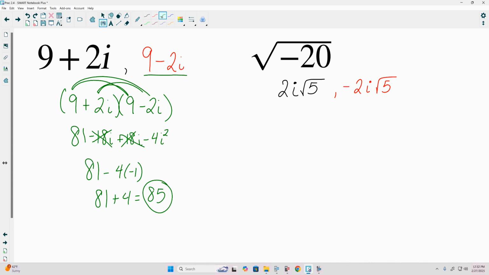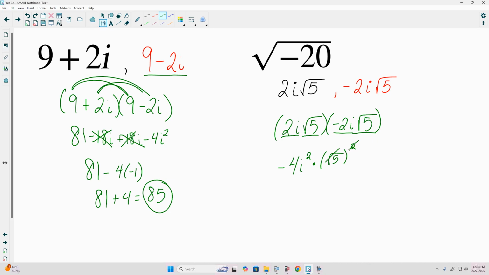And if we want to find this product, we're just going to multiply 2i square root of 5 by negative 2i square root of 5. Now our 2i times negative 2i is going to be negative 4i squared, times the square root of 5 times the square root of 5, which we could say is the square root of 5 squared.